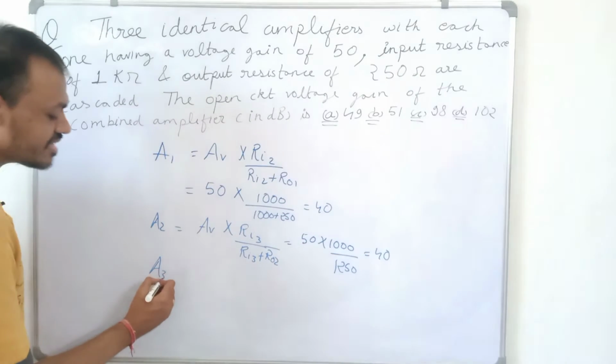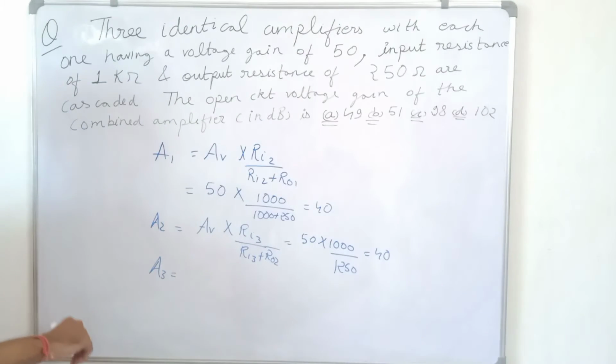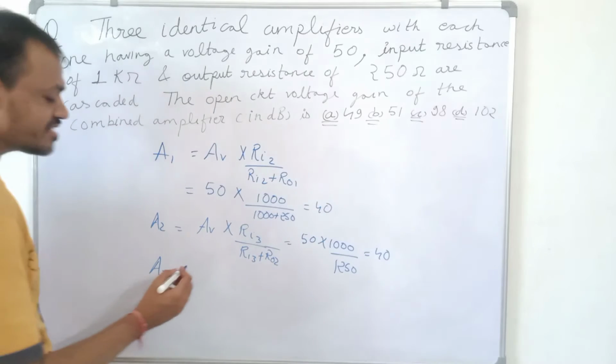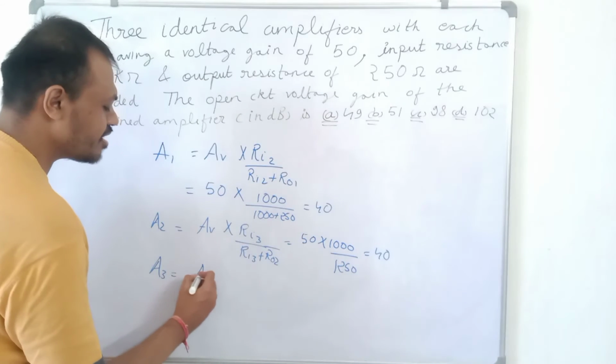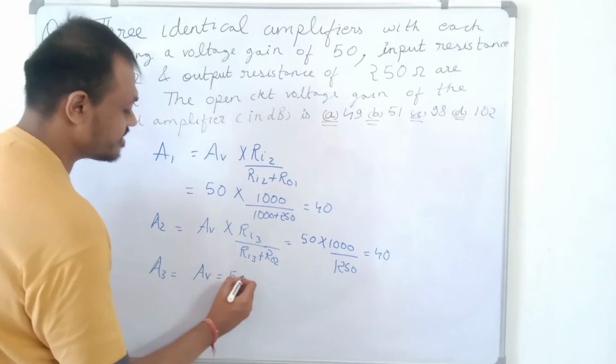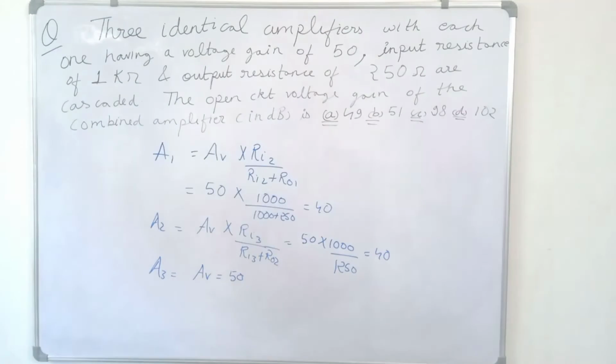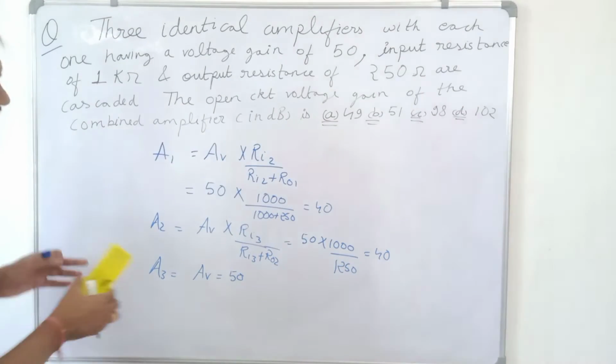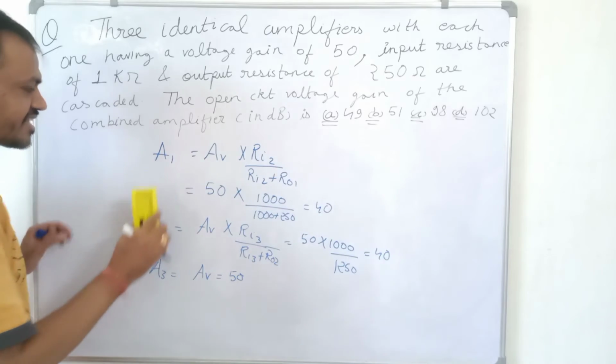Now for A3, there is no load resistance given, so A3 will simply be equal to Av, which is 50. So A1 is 40, A2 is 40, and A3 is 50.